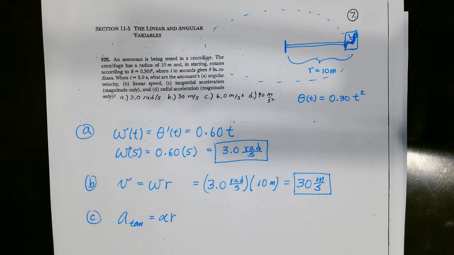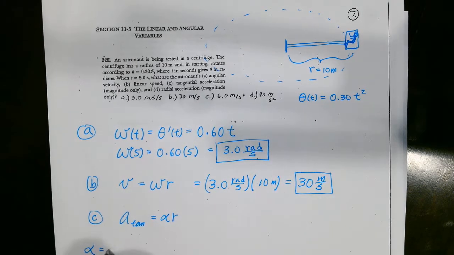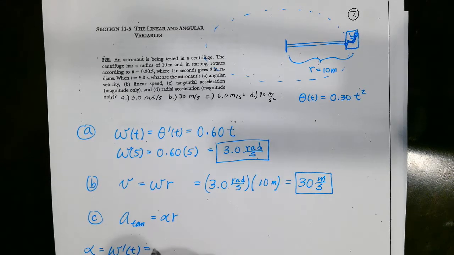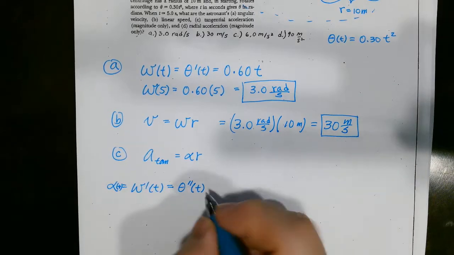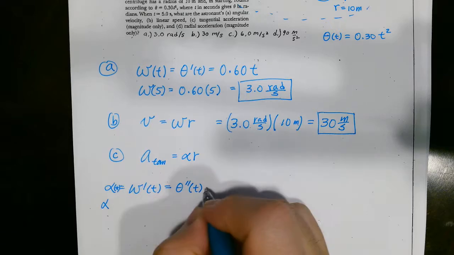Alpha is equal to the first derivative of omega, or the second derivative of angular position theta. So what is my alpha at 5 seconds?